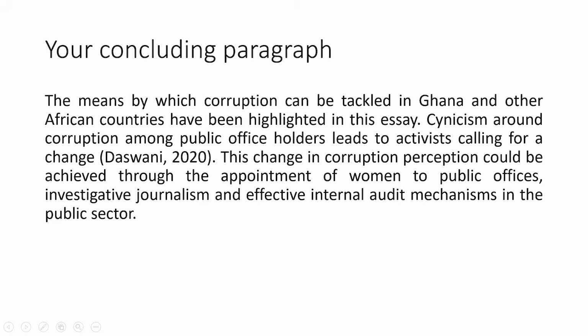Into bracket, a source there. That's Warning 2020. This change in corruption perception could be achieved through the appointment of women to public offices, investigative journalism, and effective internal audit mechanisms in the public sector.